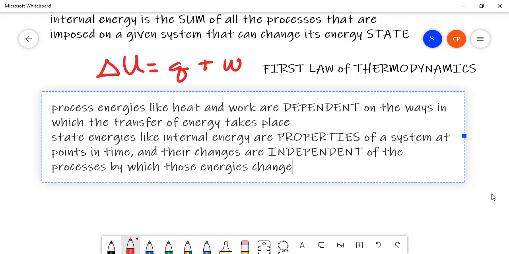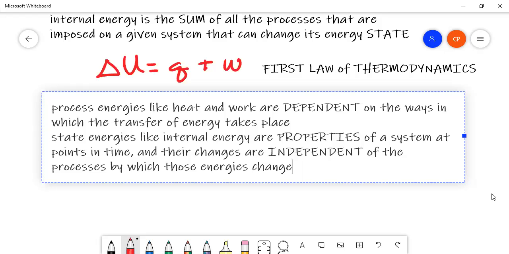This distinction between process energies and state energies is super subtle, but it's critical to what I'm going to be talking about ahead as I introduce on Thursday a counterpart to heat transfer that I can treat as a state energy.